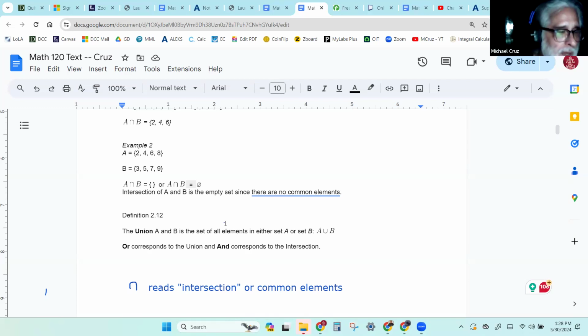So there's not going to be any overlap or common elements in those. So A intersection B is the empty set, open and close. And this is where we start using that empty set symbol, and where it actually kind of means something. Or you use that one. They both mean that there are no common elements, because the intersection of those two sets is empty.